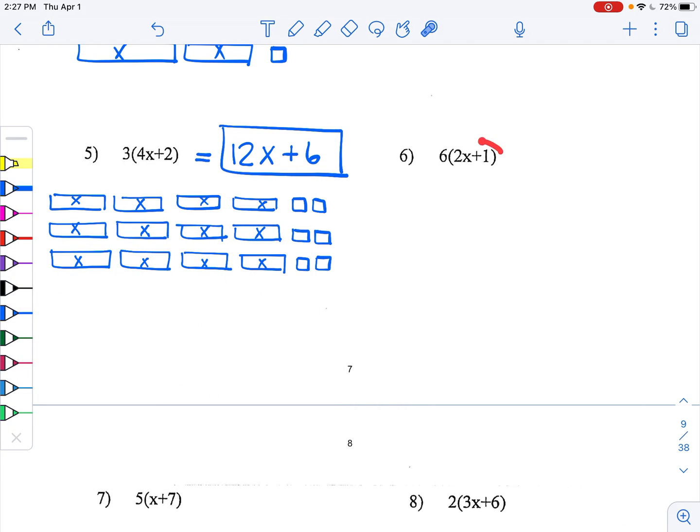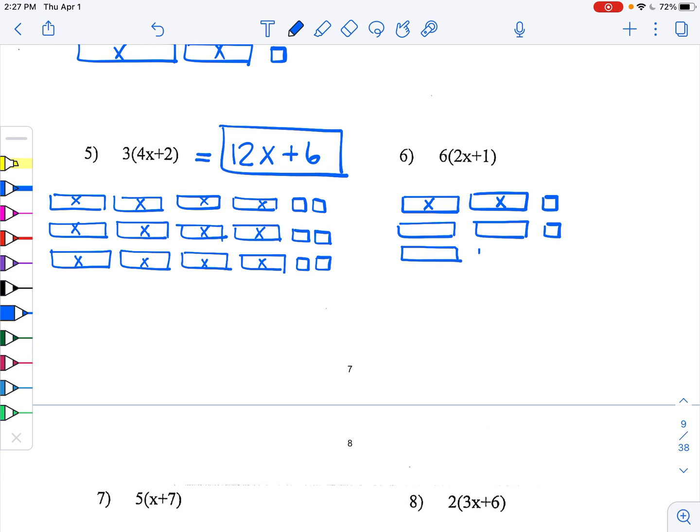All right, number 6, I have 2x plus 1 in the parentheses. I just modeled 2x plus 1, but I have 6 groups of that. So I'm kind of starting to wonder if maybe you might see the pattern of what's going on.